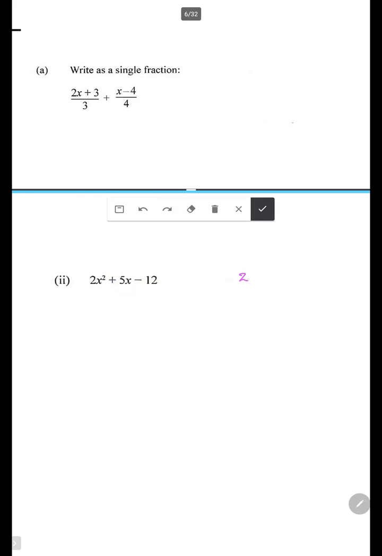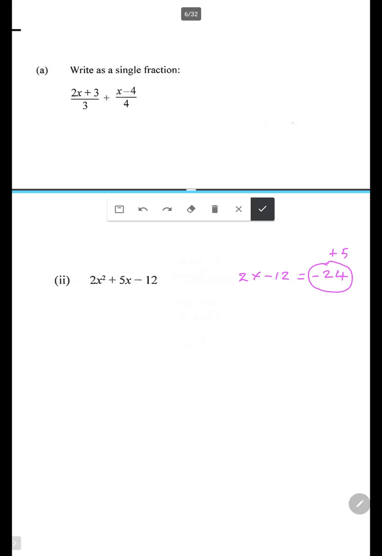So multiply the 2 times negative 12, and 2 times negative 12 is equal to negative 24. We're in search of factors of negative 24 that give you the middle term of plus 5.